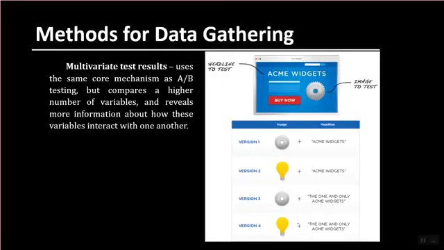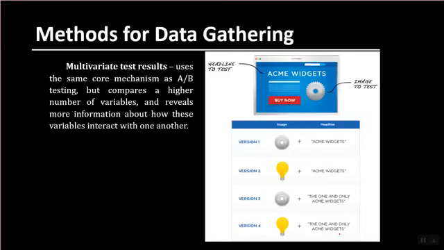Or version 4, we have the light bulb plus the headline, the one and only ACME widgets. So we have multiple variables here that we are trying to compare, and whichever of these versions has the higher rate of traffic would definitely be implemented in our website or application.